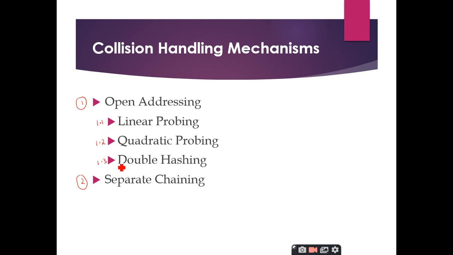So there are three subcategories of open addressing, and there are no subcategories for separate chaining. We'll see one by one why this is called open addressing and why it is called separate chaining, and how we deal with this using linear probing, quadratic probing, and double hashing. All these things we'll discuss. Is it clear up to this point? Yes, sir.